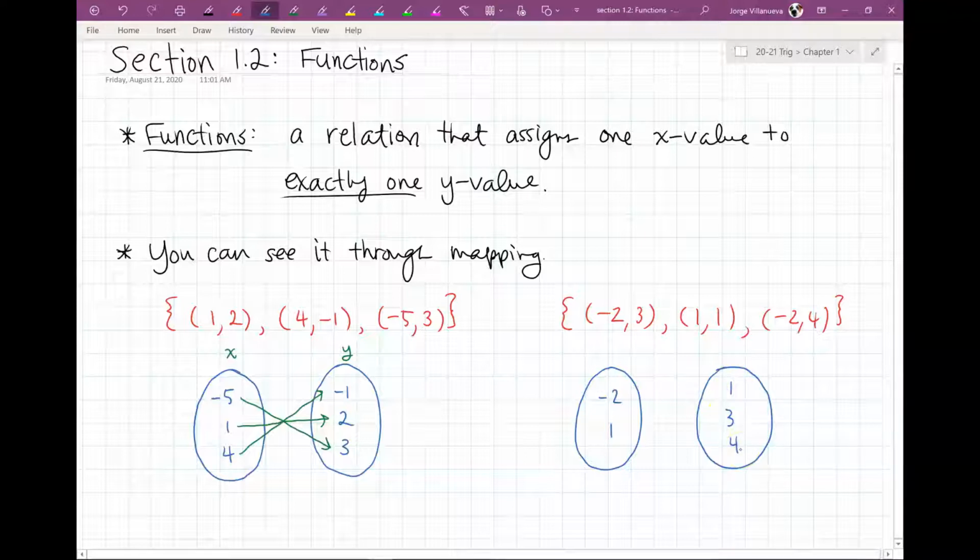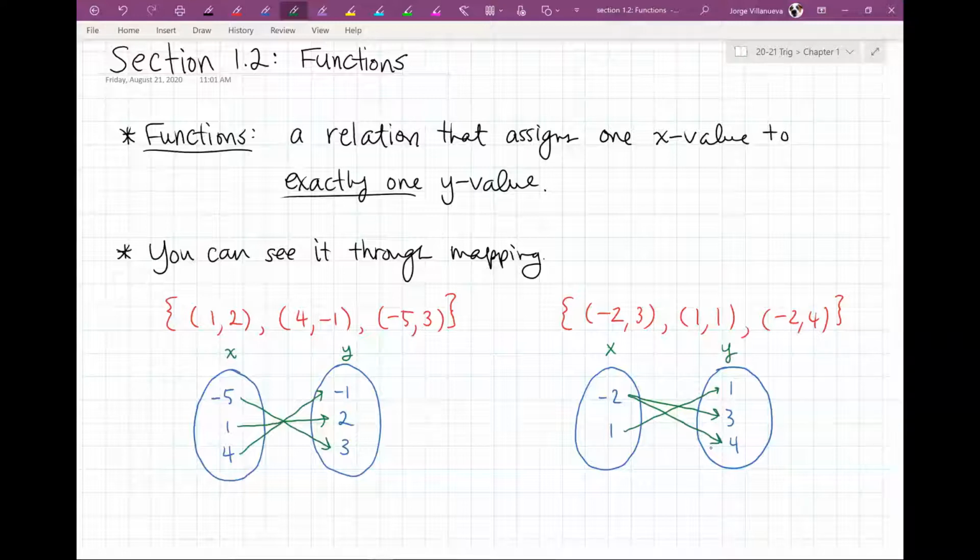Notice how there's more y values than x values? Sometimes that's a giveaway that this may not be a function, but just to prove it, -2 relates to 3, 1 relates to 1, and then -2 relates to 4. Is there an x value that has more than one arrow coming out of it? Yes, so that x value is not related to exactly one y value. It actually is related to two y values.